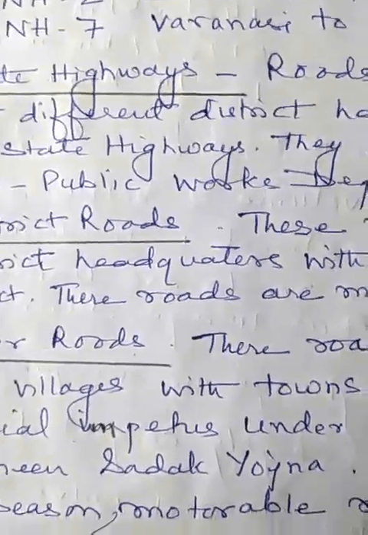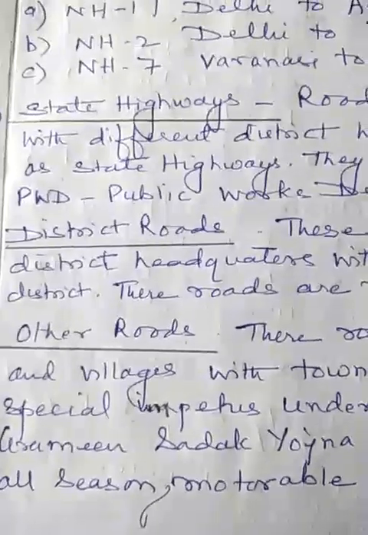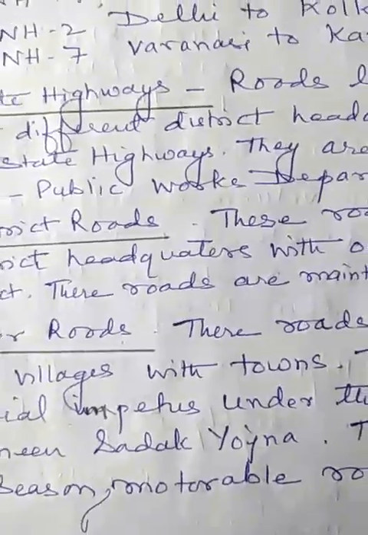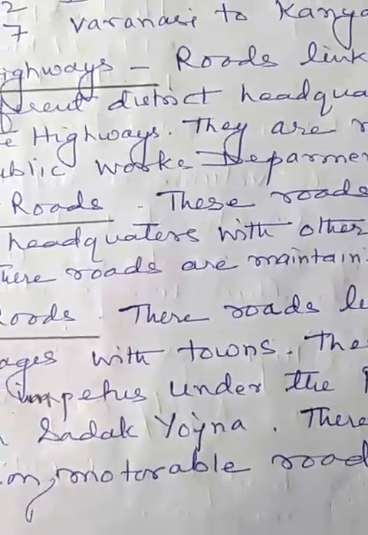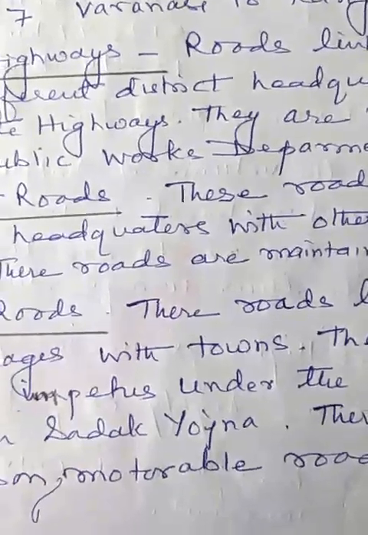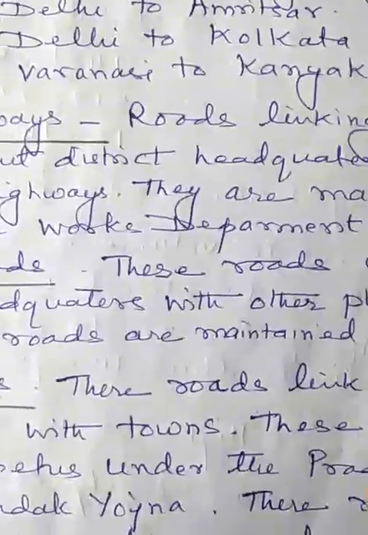It will promote the rural economy. Similarly, urban goods will also reach the rural areas, like pesticide, insecticide, fertilizer, machines, etc. And this will promote the rural economy. In this way, Pradhan Mantri Gram Sadak Yojana will support both the rural and urban economy.